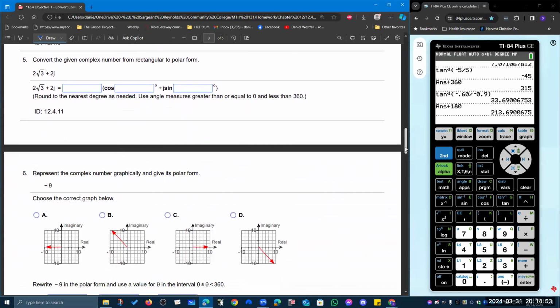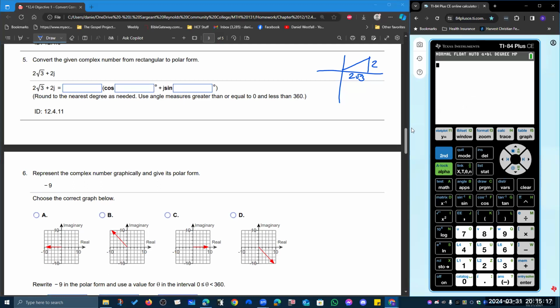Convert the given complex number in rectangular form to polar form. So let's look at where this is going to be now. Positive x and positive y. So we have 2 root 3 for our x. We have 2 for our y. And we're going to take the square root of 2 square roots of 3 squared plus 2 squared, which is 4.